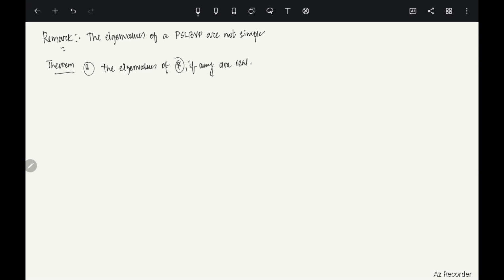I proved another theorem, right? The second part, the second theorem. So what about that orthogonality? Yes, that also holds here. So what is the theorem?